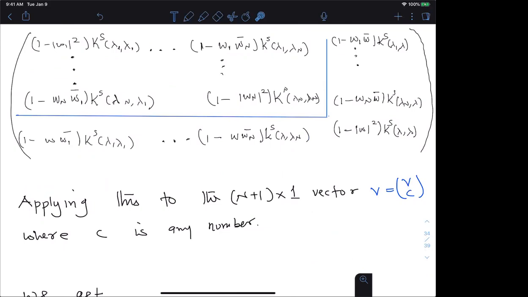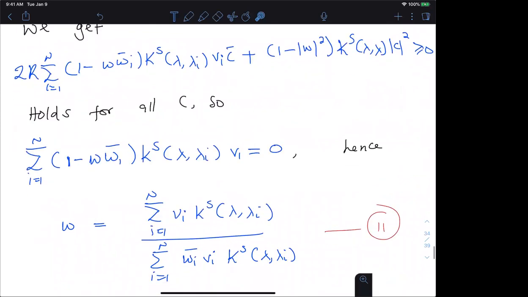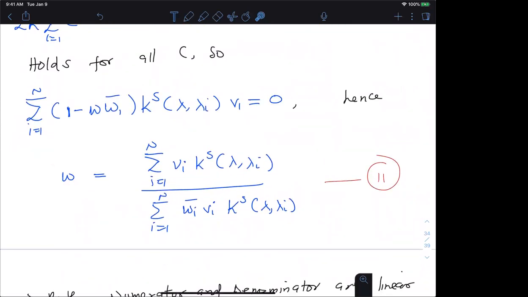Then if you apply this new Pick matrix to this vector, noting that the original V was in the null space of the original Pick matrix, we end up solving for omega as such.